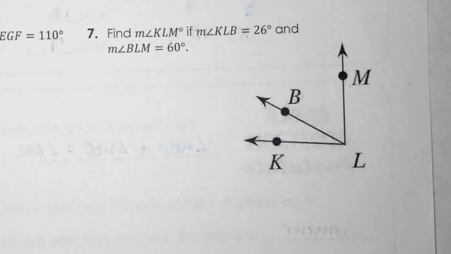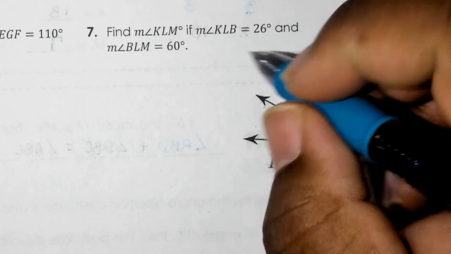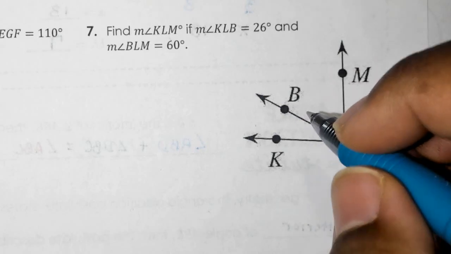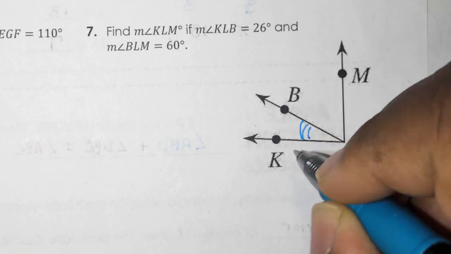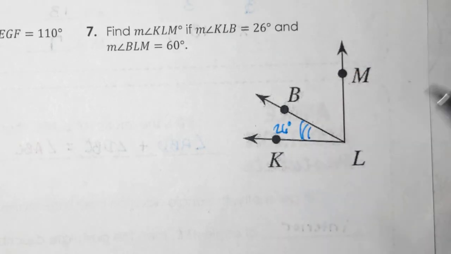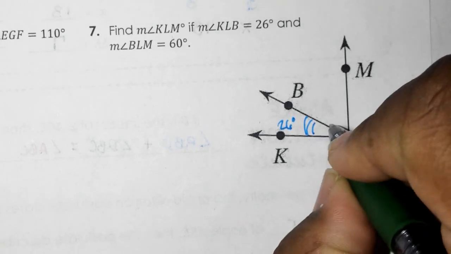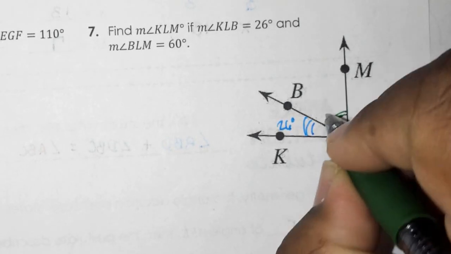And it's funny, I don't know why we did this for the last problem, but we made this last problem super easy. I mean, it shouldn't take nothing but a second to do. I'm probably not even going to give you the answer to this one. It says find KLM. KLM is the full angle here, but they give you KLB, which is 26 degrees, and then they give you BLM, which is 60.